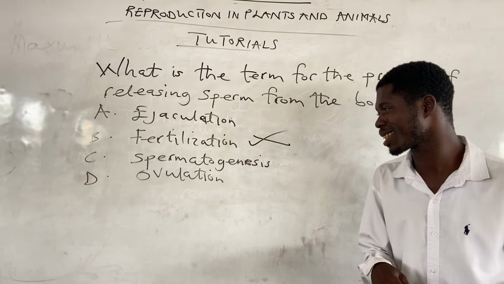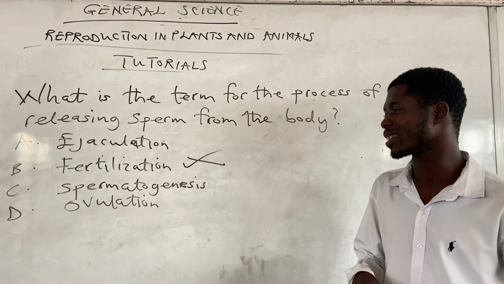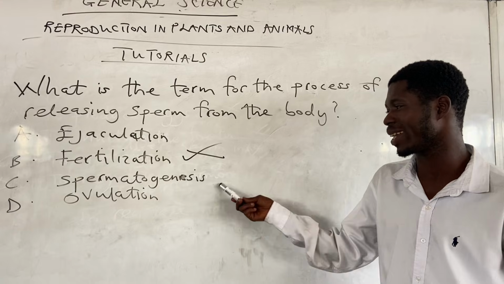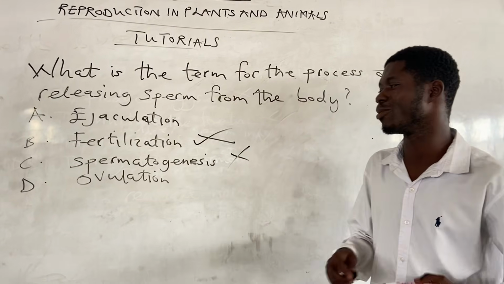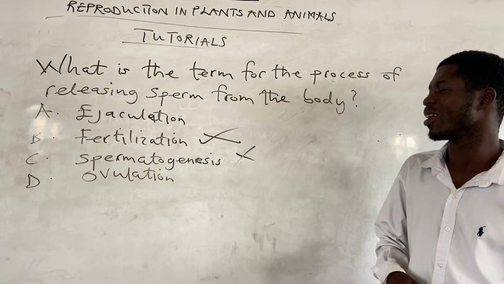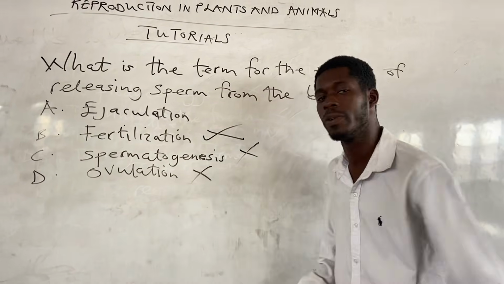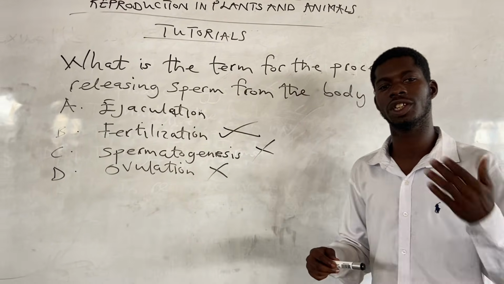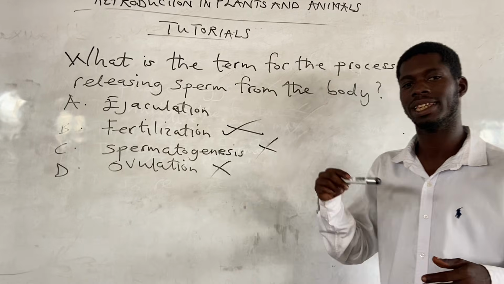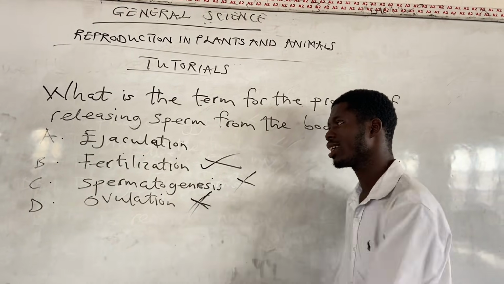I think this is one of the scientific terms concerning sperms. So it's not the right answer. Then we have ovulation. Ovulation is the release of the egg into the fallopian tube. So that one too is not the right answer.